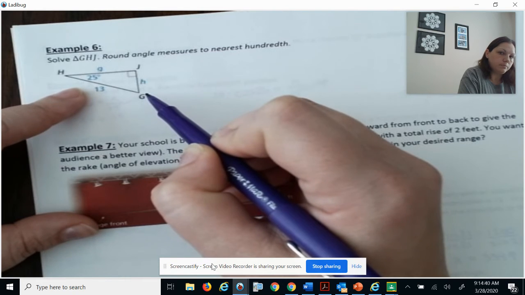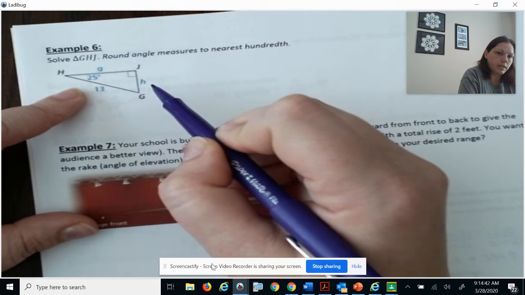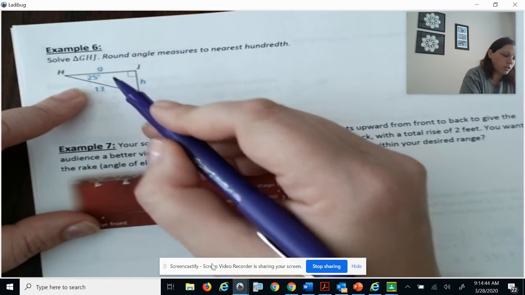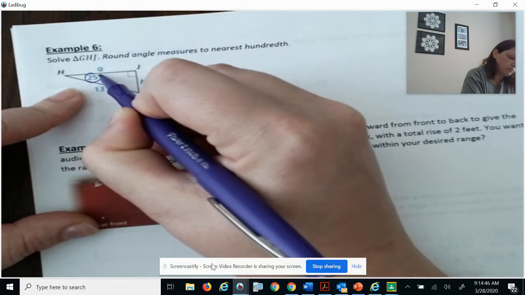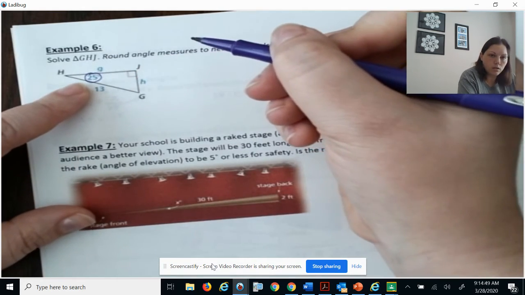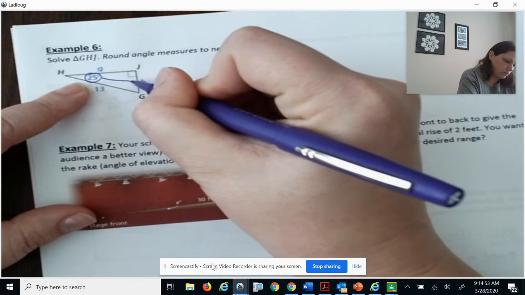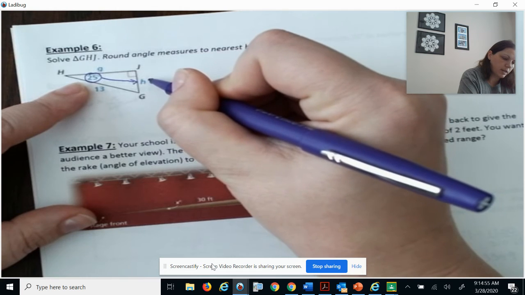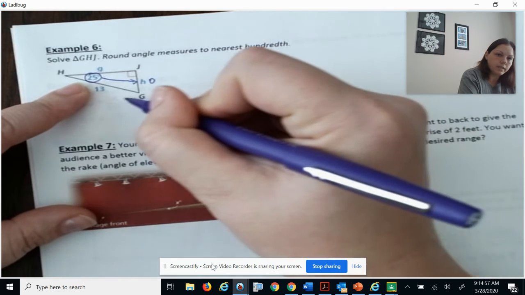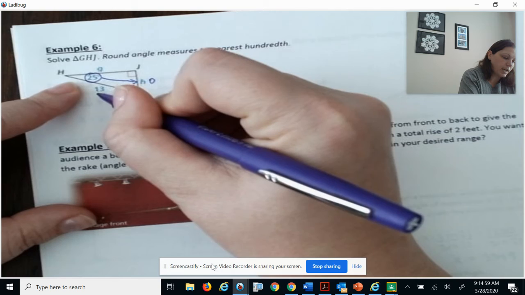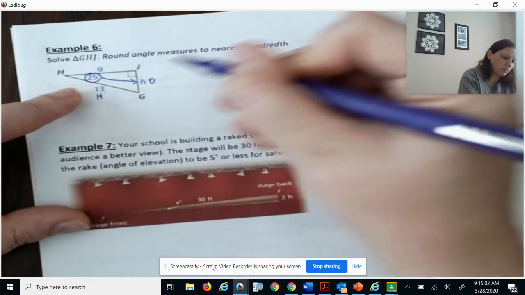I'm going to go ahead and solve for the side lengths first. Okay, so we know the angle. So from here, we want to solve for H. That's our opposite side. And the other known number we have is this hypotenuse here.